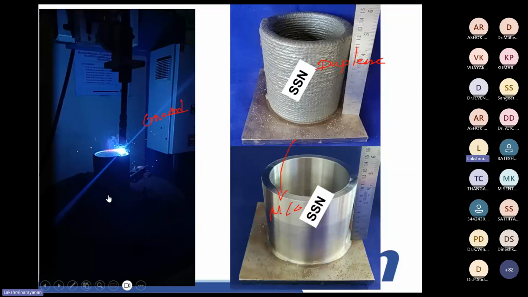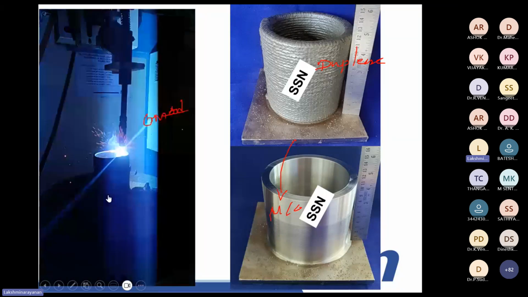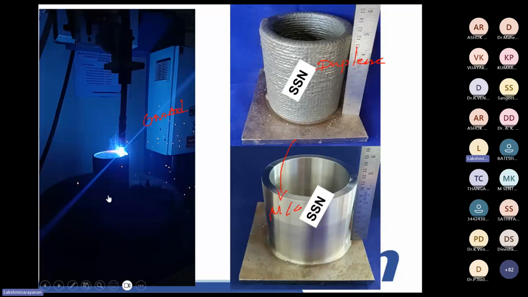Our objective is this: people have done walls, but for cylinders there is only one literature. This is a thick section. You can still oscillate the torch and get 15 mm thick. This is the 15 mm thick cylinder. After that, we do this.